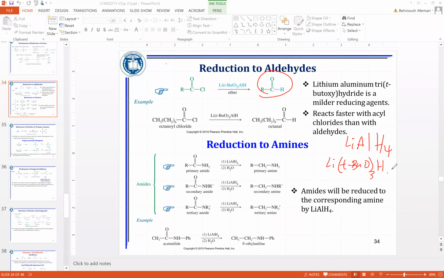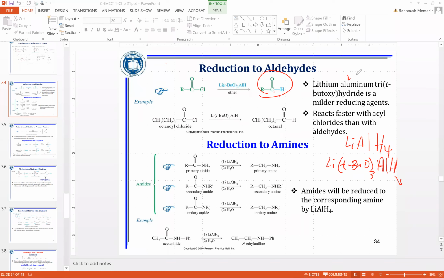So you do have 1 hydride in the lithium aluminum hydride, and the other 3 are replaced by bulky alkoxide. Now, this is going to act as a mild reducing agent. And if it's a mild reducing agent, as soon as you get to the aldehyde, it will stop at the aldehyde. It's not going to go to primary alcohol.